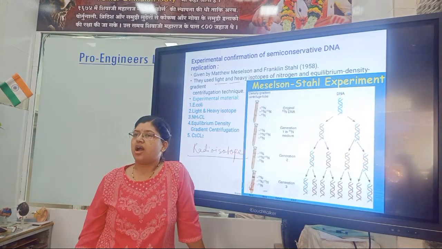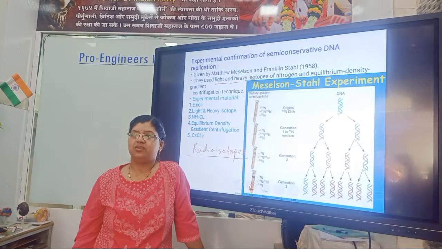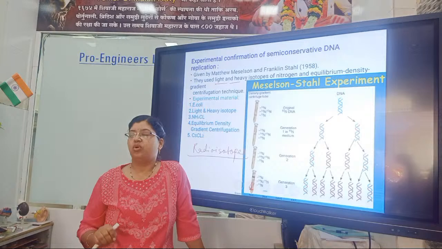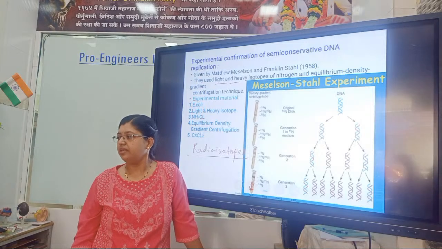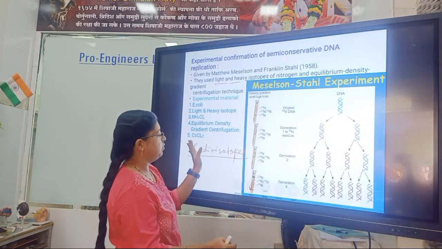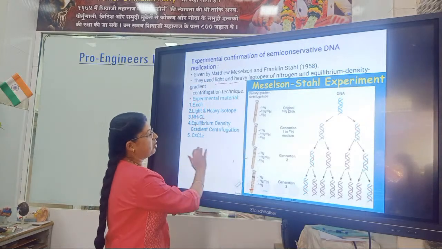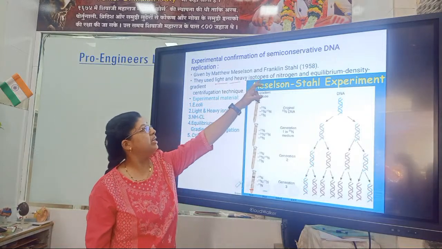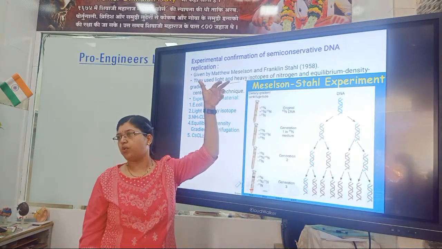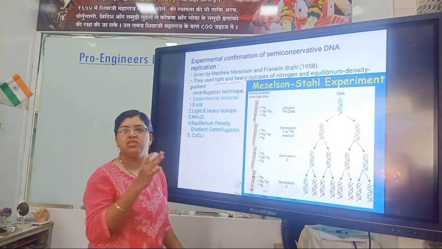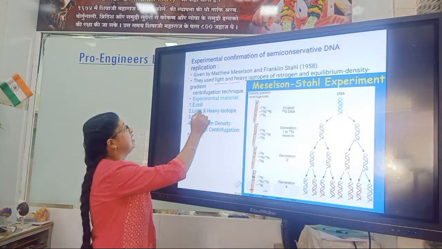Yes, Hershey and Chase, where we used phosphorus-32 and sulfur-35. Here we are using heavy isotopes: the heavy isotope of nitrogen and the light isotope of nitrogen. Light means normal, the normal type of nitrogen.